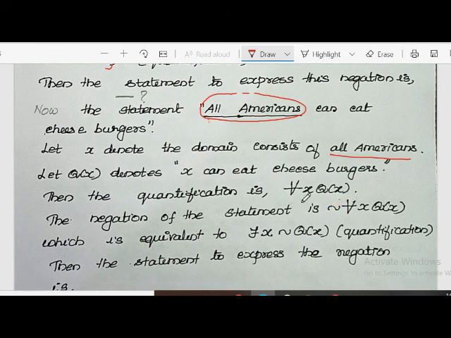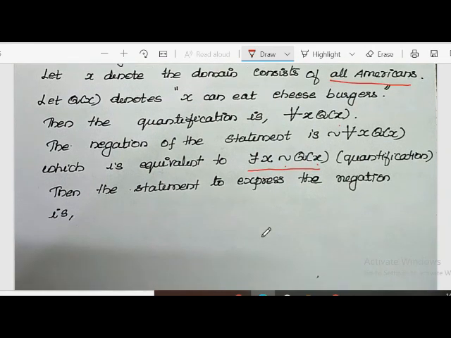The negation of this statement is negation for all X Q of X, which is equivalent to, by using De Morgan's law of quantification, there exists X negation Q of X. Now the negation of this statement: there exists means you can use the connective word some.